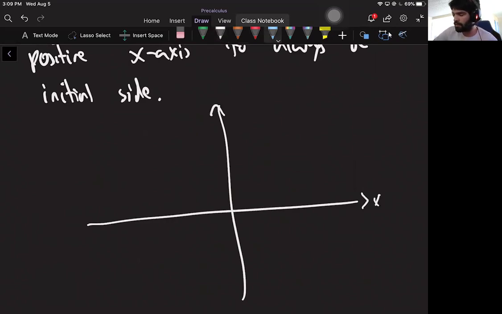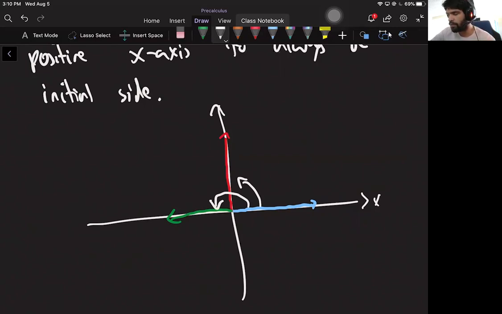And what we say is that this is always the initial side, and all the angles we make out of it on the XY axis are assuming that. So I could draw 90 degrees, and that would be this thing. Or I could draw 180 degrees, and that would be this thing.